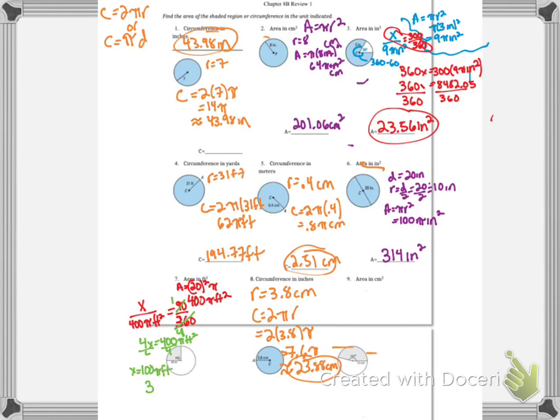And once again, we're left with that 3.14 times 100. So 314.15 feet squared.